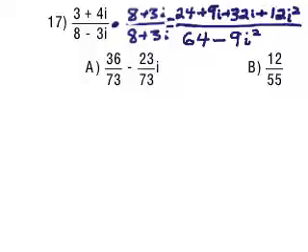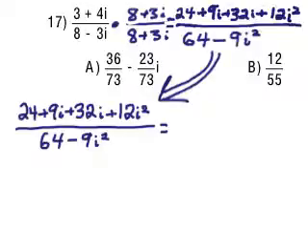So let me copy this thing over down below. Okay, so we have 24, and we'll just keep that, 24, and then we have 9i plus 32i, which is 41i, and then we have 12i squared, but as we know, i squared is a negative 1, so it's a minus 12.